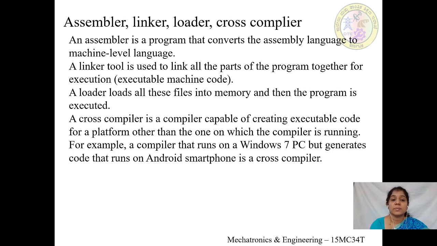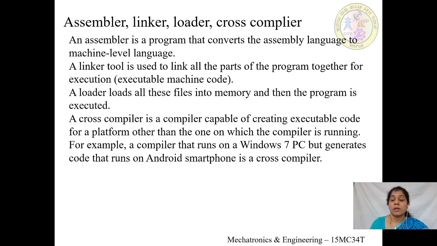So, what is an assembler? An assembler is a program that converts assembly level language into machine level language. The linker tool is used to link all parts of the program together for execution. It generates executable code that can be given to the loader, usually hex files.